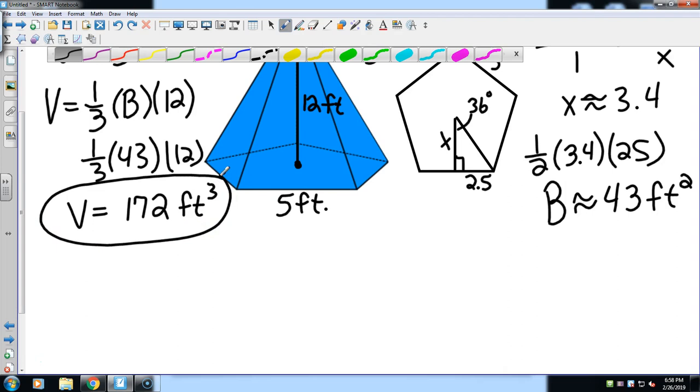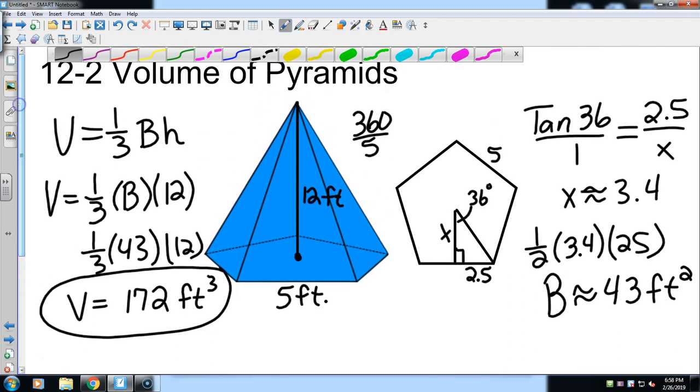And so that is volumes of pyramids. Volume equals 1/3 of the area of the base times the height. So that's about 6 minutes, chapter 12, section 2.